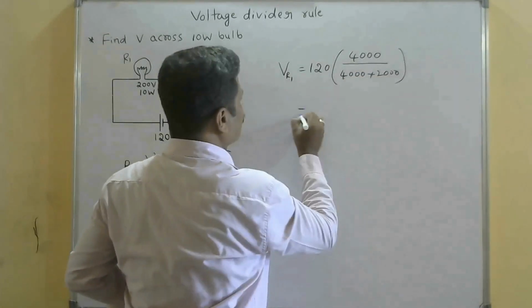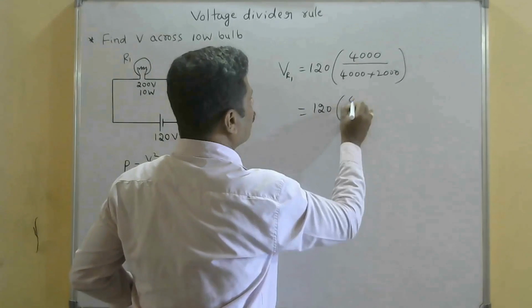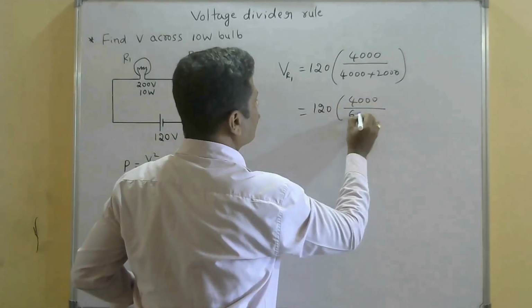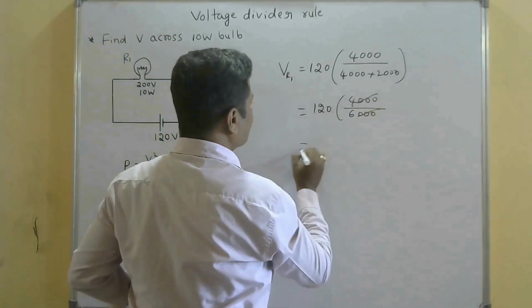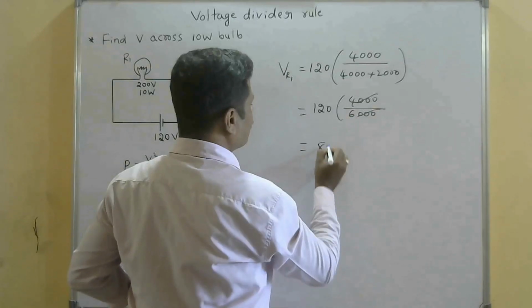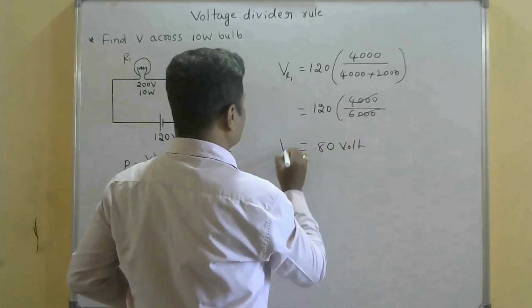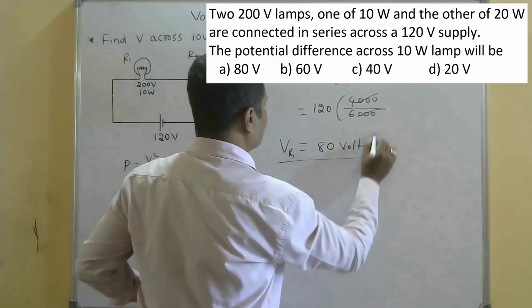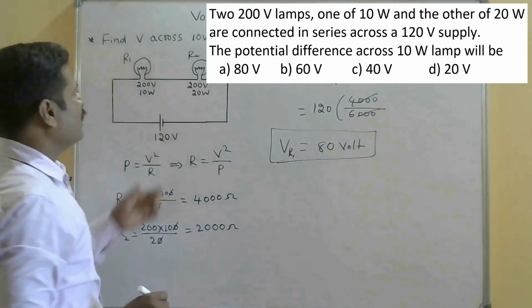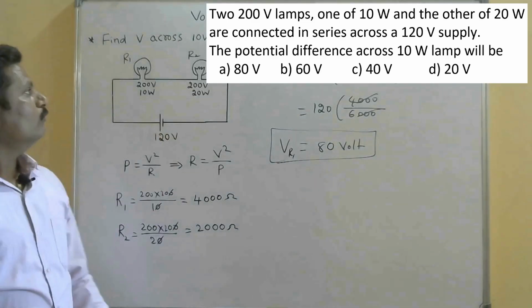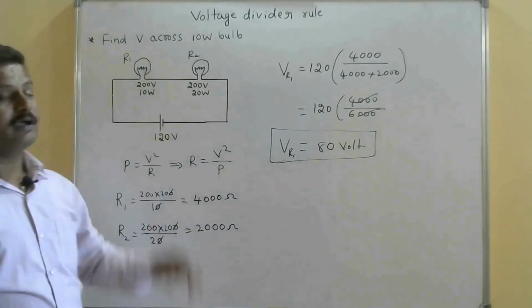This is 120 times 4000 divided by 6000. This and this get cancelled, we get 80 volt. This is the voltage drop across the 10 watt bulb. In this way we can solve numericals easily by using the voltage divider rule.